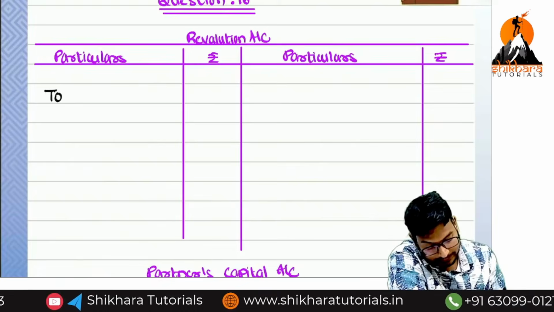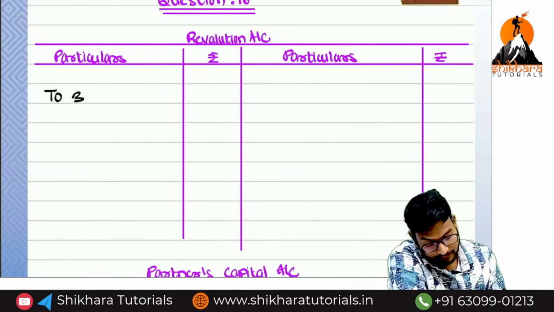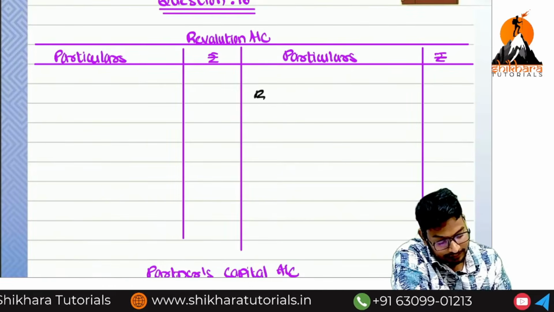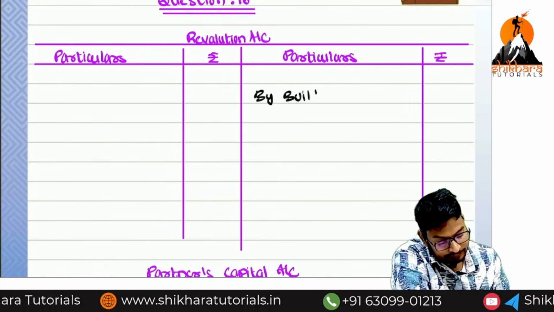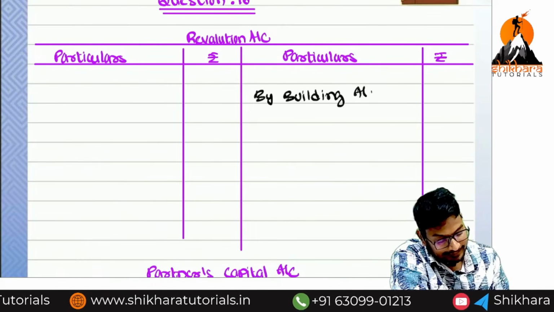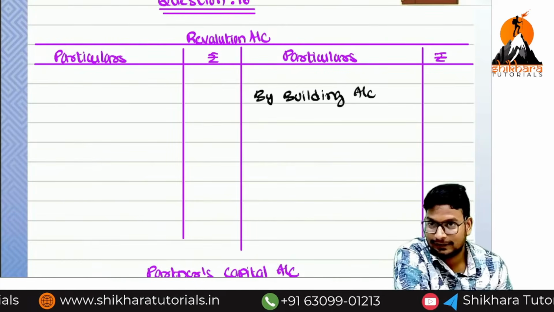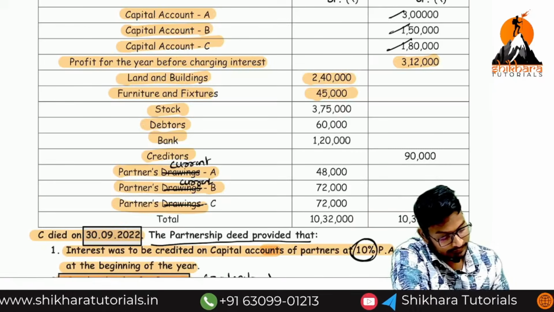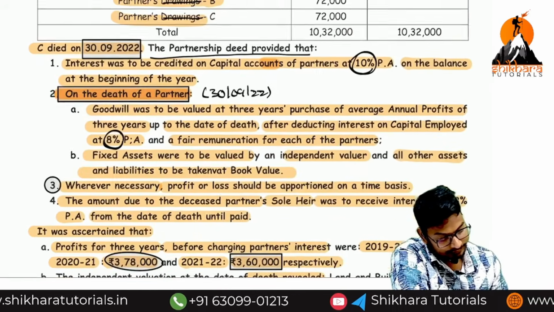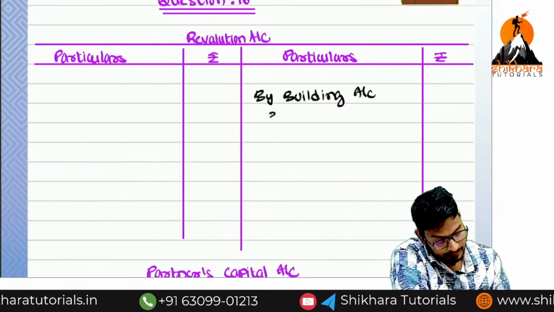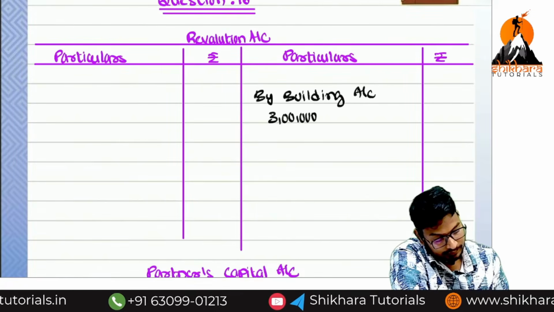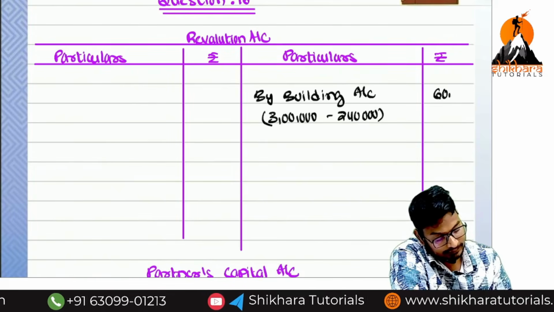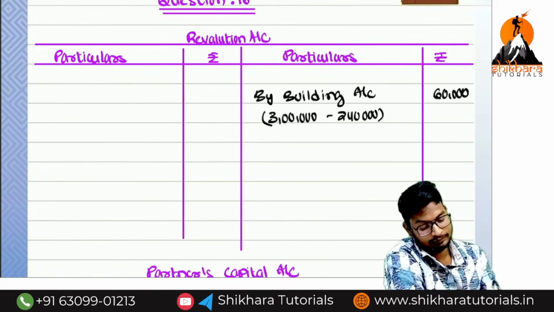So building account debited to revaluation account by building. What is the calculation? Lakhs minus lakh 40. How much?